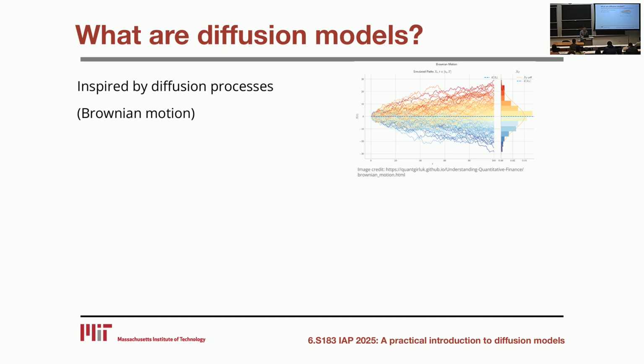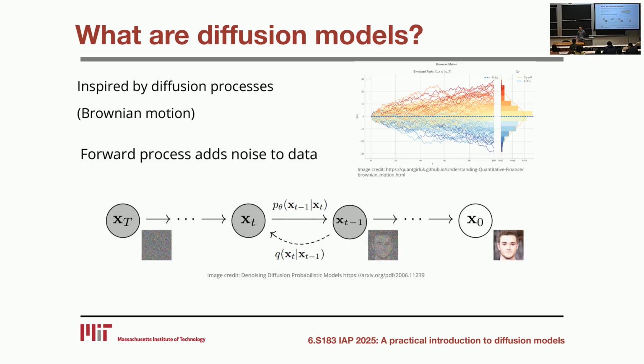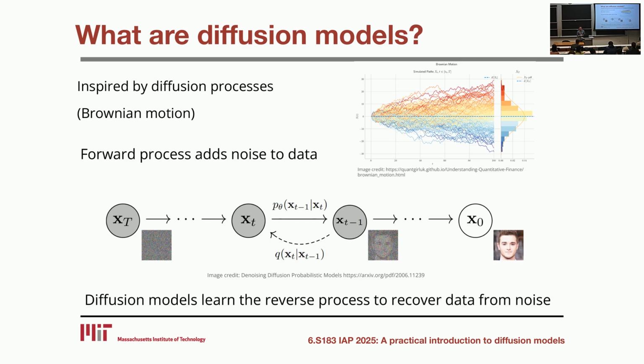You can do this for higher dimensional data, such as images, where you add independent noise to each pixel, one at a time. This is known as the forward process. By adding noise to data, you transform the data, here the image, into pure noise. And what diffusion models do is they try to learn the reverse process.